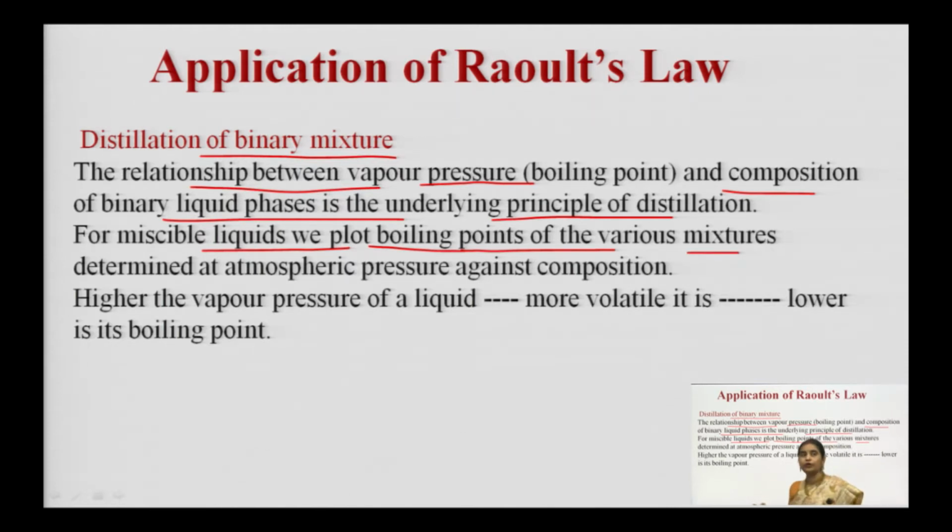In place of vapor pressure, we use boiling point and composition of the binary liquid phases to plot the graph and do distillation. We know that a substance which has higher vapor pressure is more volatile, and it has a low boiling point.